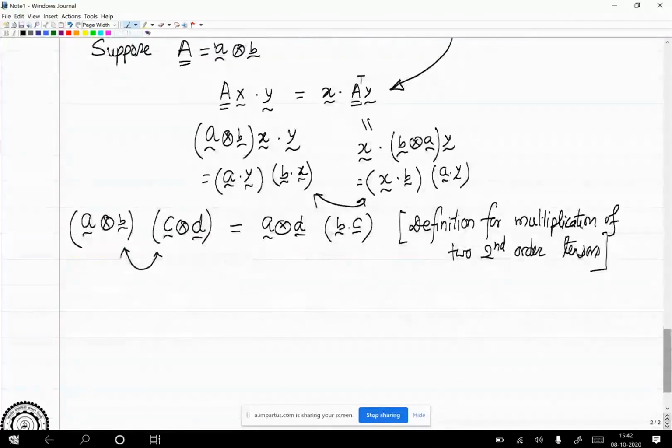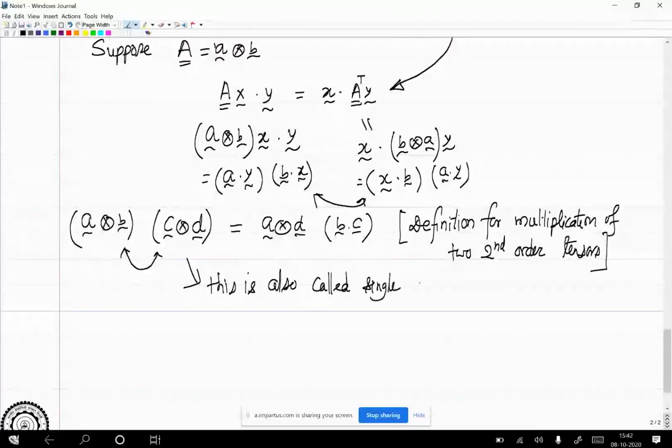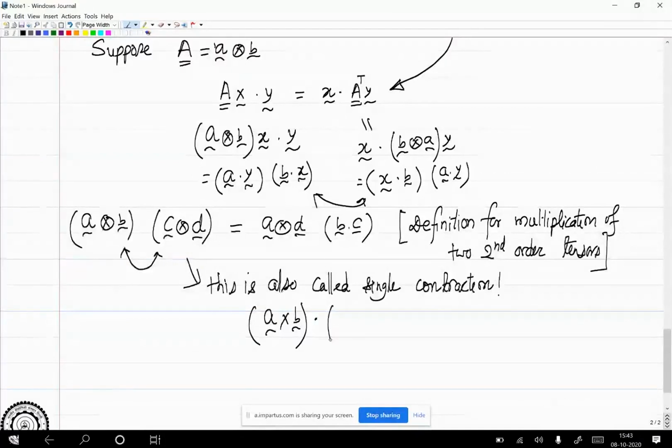All right. Sometimes this is also called single contraction. And therefore, at many places, you will see it is written like this: A tensor product B, and there will be a single dot for single contraction.